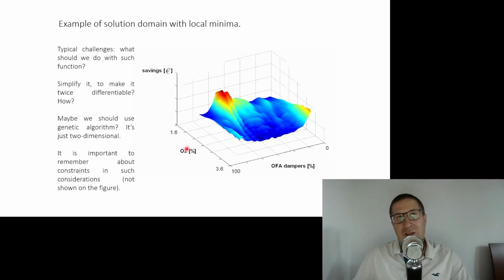So if this is the case, and this is the case from the real project that I had, then such a constraint has to be included in the optimization task.